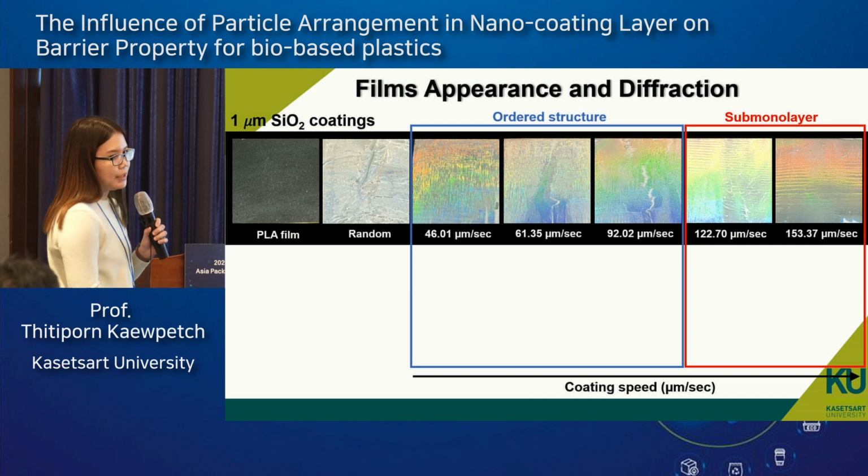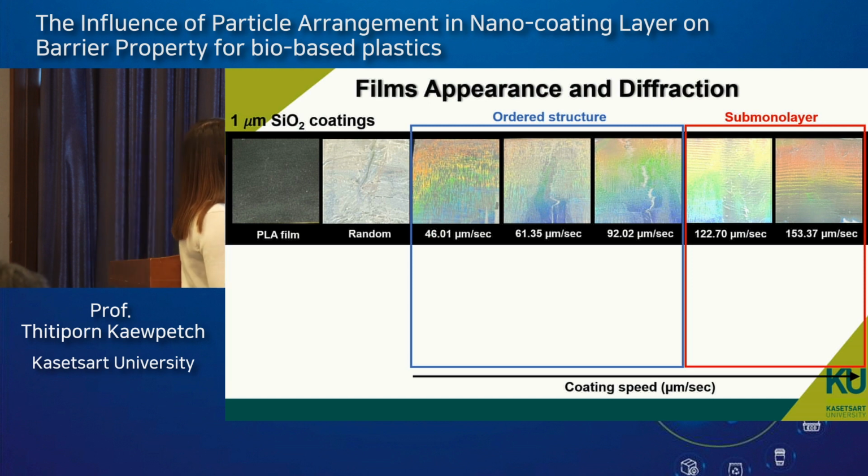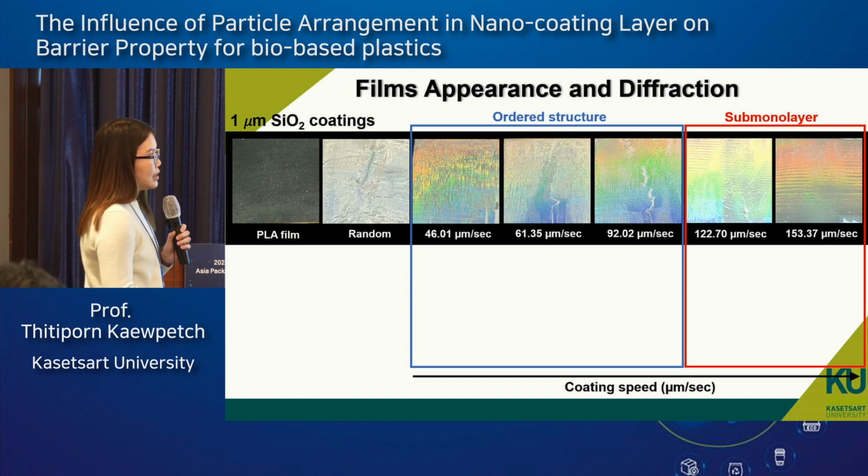This is due to diffraction from the neighboring planes of the crystal latex. For the monolayer, you can also see some areas that show the structural colors or iridescence, but there are some areas that don't show it very clearly. This is because of some defects on the surface.